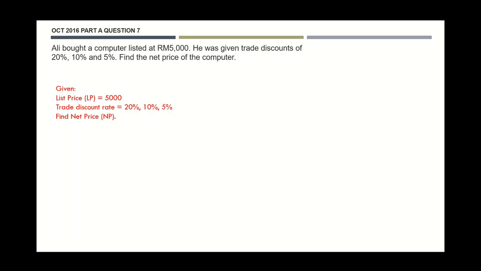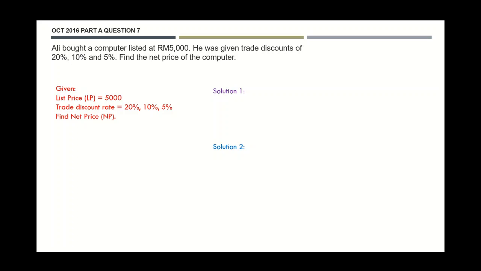And then you are asked to find the net price NP. To find the net price, we have two solutions over here that you can use. It's up to you to choose whichever you prefer. One is easier than the other, so it depends on your preferences.